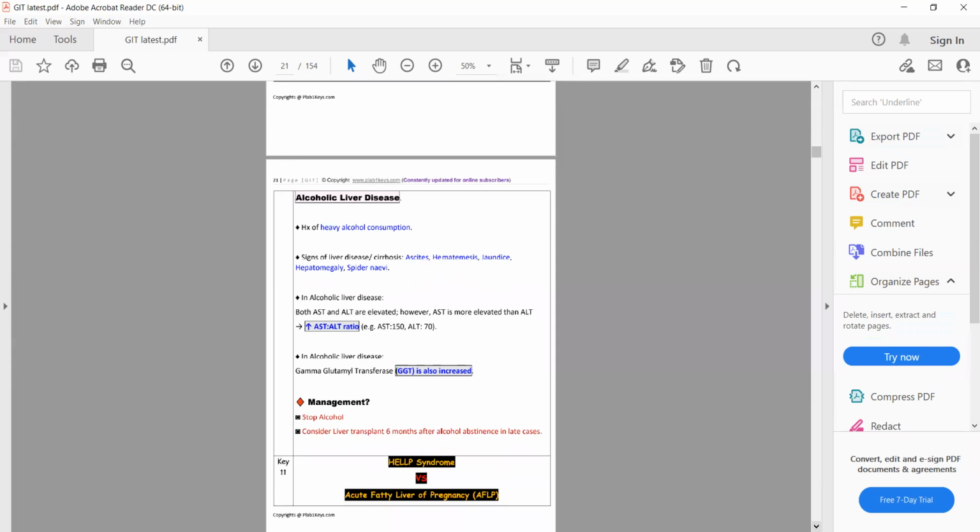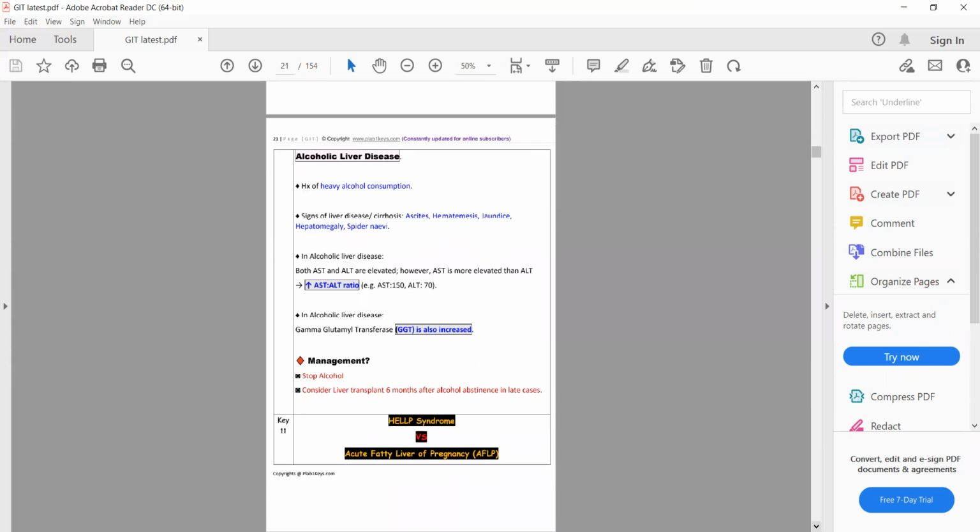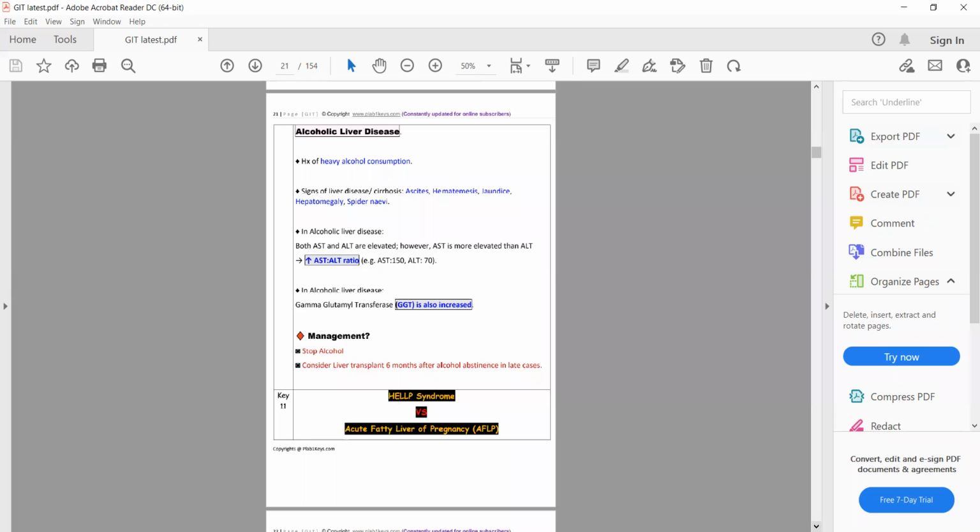Management of alcoholic liver disease is to stop alcohol, and the only definitive treatment for liver cirrhosis is liver transplant. In case of alcoholic liver disease, liver transplant can be done 6 months after alcohol abstinence.